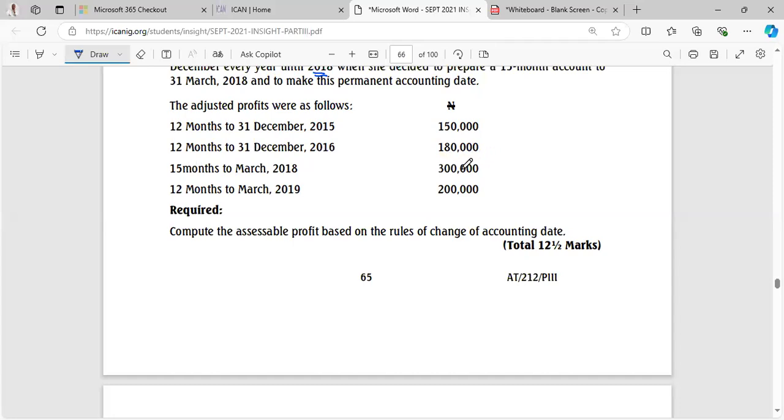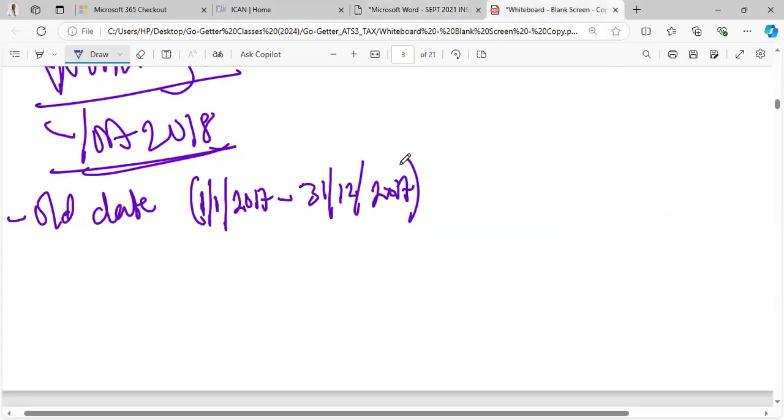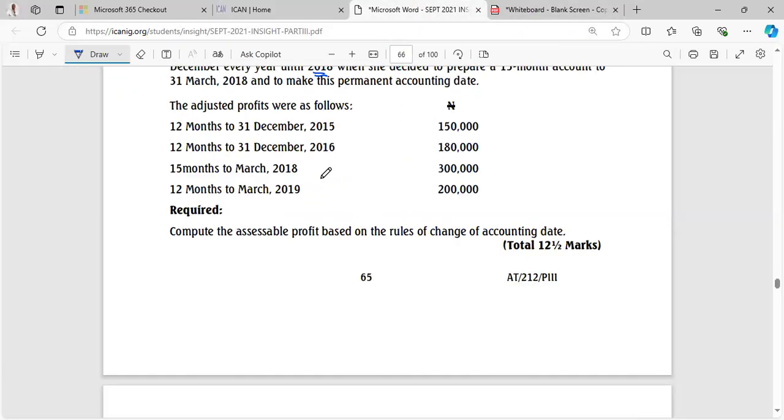So the 12 months we are looking for is inside these 15 months. We are going to be taking 12 out of 15.